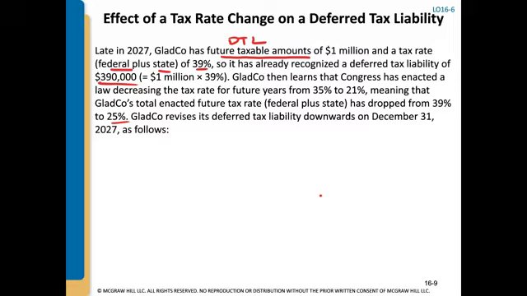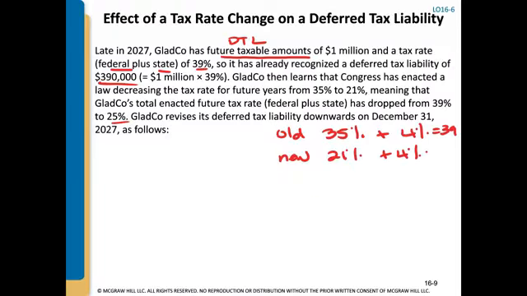Their old tax rate was 35% for federal plus 4% state. Their new tax rate is 21% for federal. The state has not changed. So it went down from 39% to 25%.